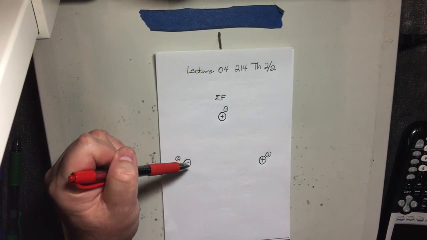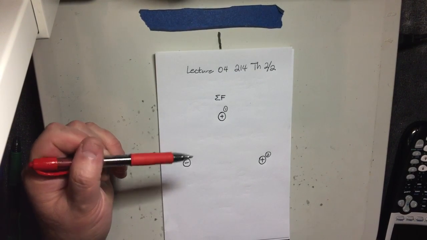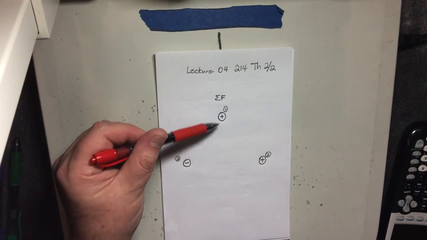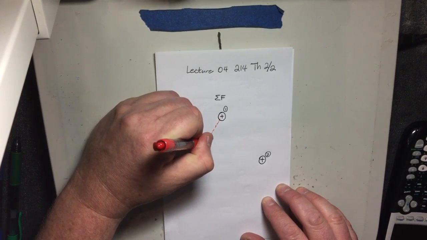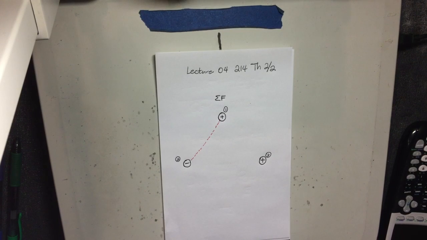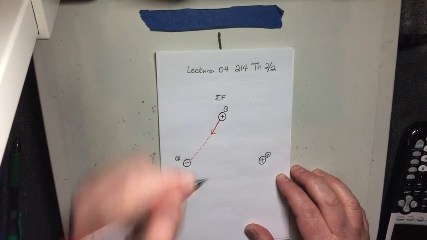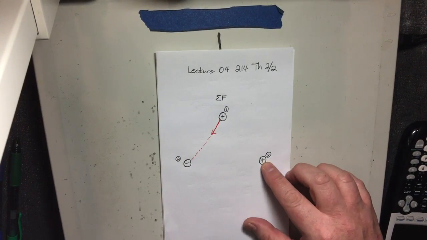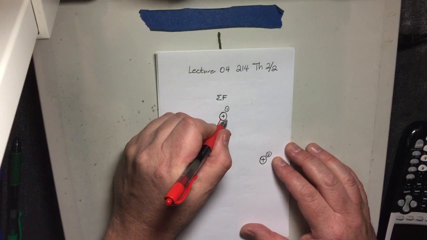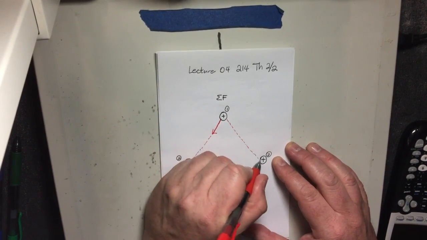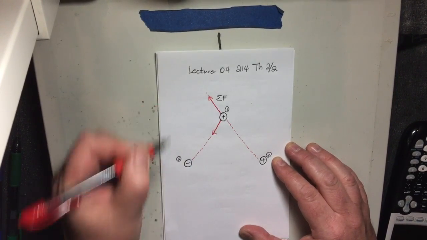Dissimilar charges attract, similar charges, or same polarity charges, repulse. So this gets attracted to that, and this is a line representing the path from one charge to another. So it feels a force in that direction. Here, they are the same charge, so they repulse. There is the little line connecting the two, and that is the force line.